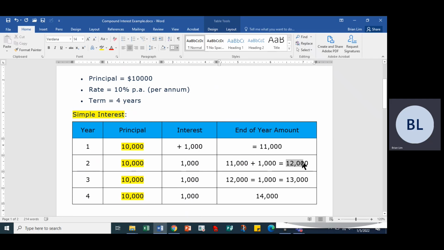Okay, so you see this 12,000 comes in here, and let's correct this, should be plus. All right. Okay, so lastly here, it's another $1,000 of interest.